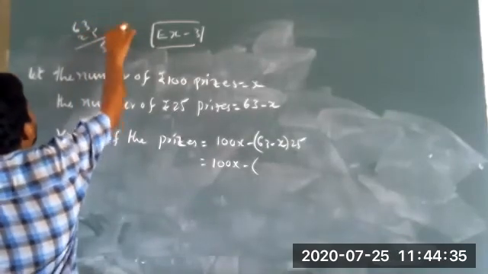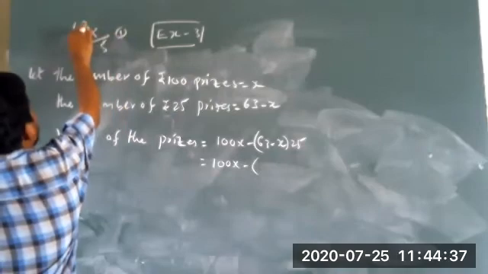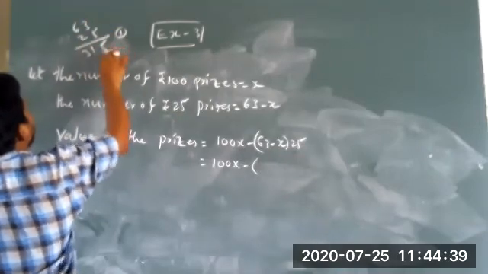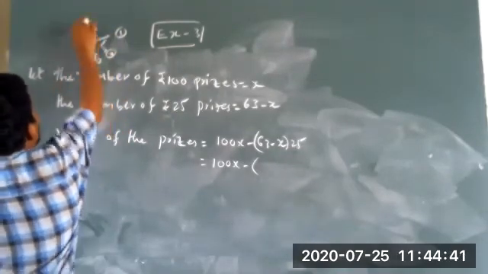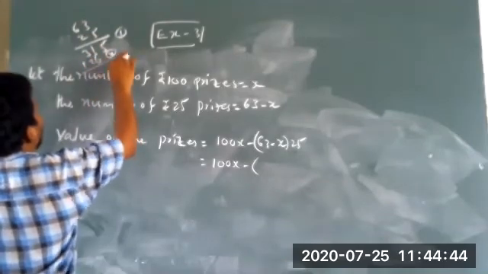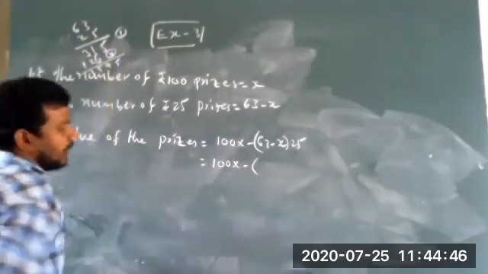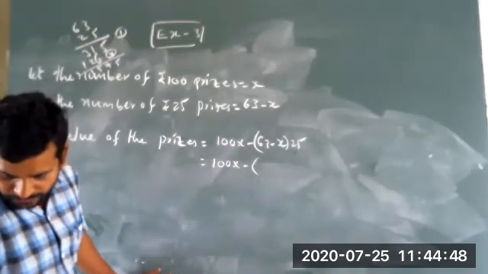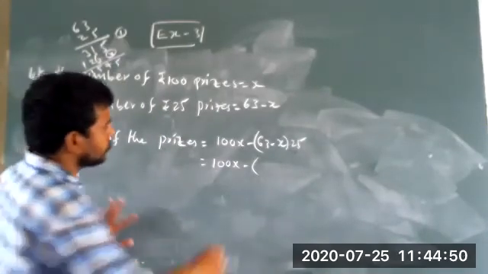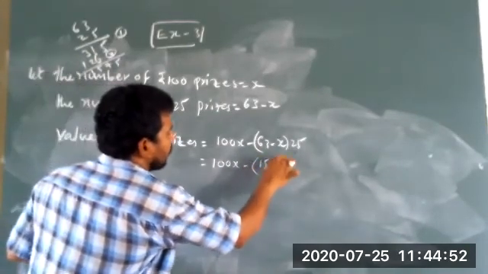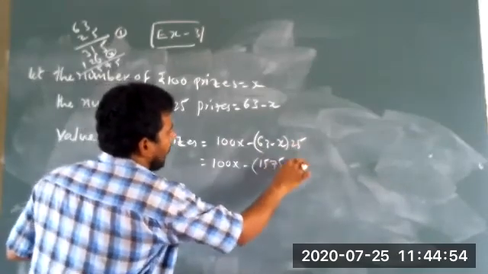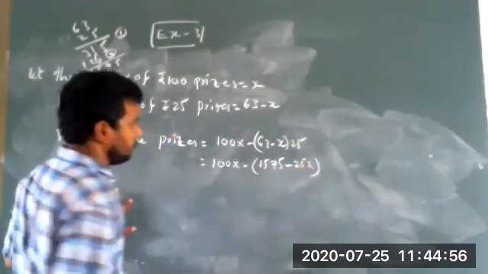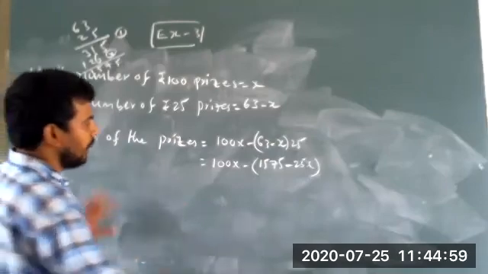So 63 times 25: 5 3s are 15, 1 carry, 5 6s are 30 plus 1, 31, 2 3s are 6, 2 6s are 12. So 1575. This answer, 1575, minus 25 into x, that is 25x.